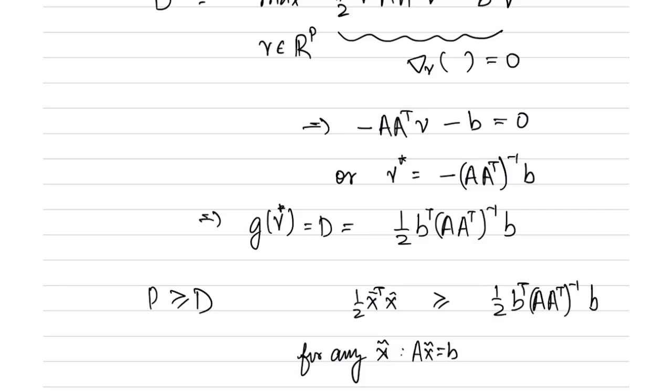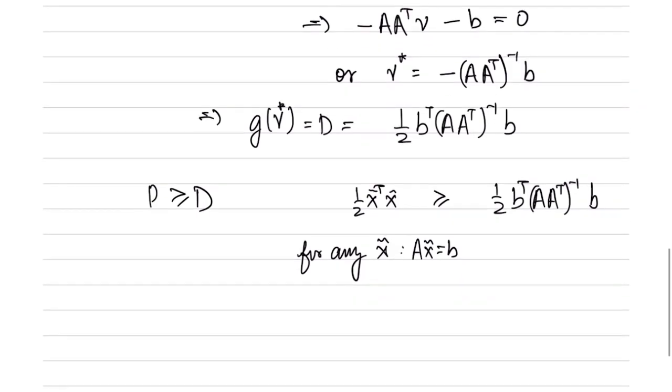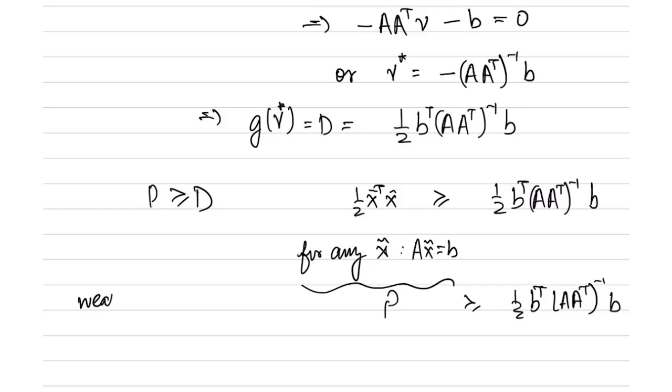So this is a bound that we have been able to obtain. Essentially we are saying that p, which is the smallest value here, is also greater than or equal to this bound. And that is an example of the application of weak duality.